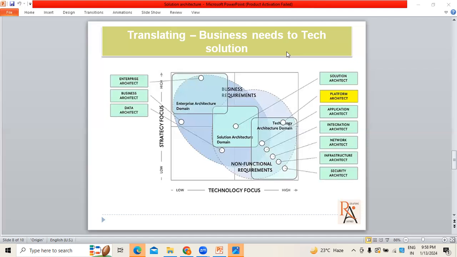Right? So this application perspective, again, we can categorize into two things. One is COTS based, second is customized.